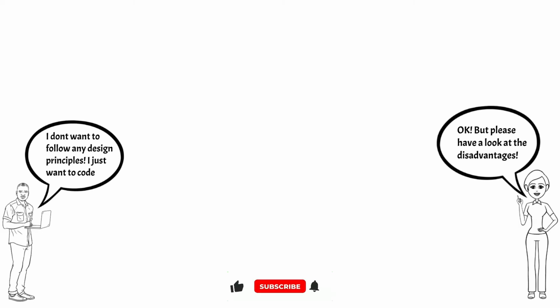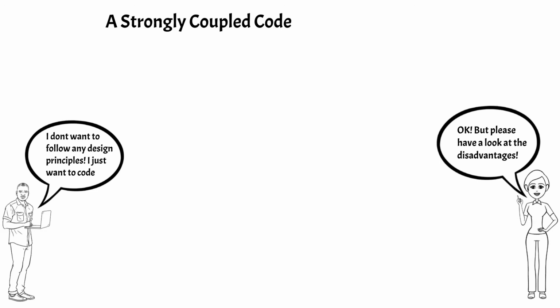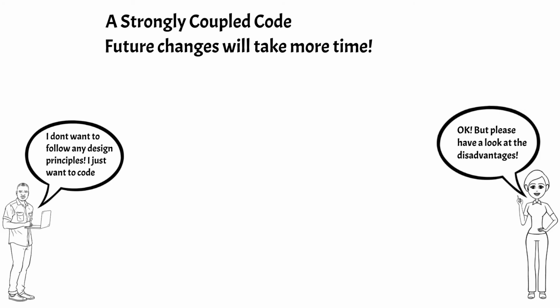So the first and the foremost problem that we will end up with if we do not follow these SOLID design principles will be that we will end up having code which is strongly coupled, which means that a particular part of your code is coupled strongly with other modules or other parts of your application. Tight coupling between different parts of your application would clearly mean that in the future, if you want to implement any new feature, it will take more time to implement any new requirement.